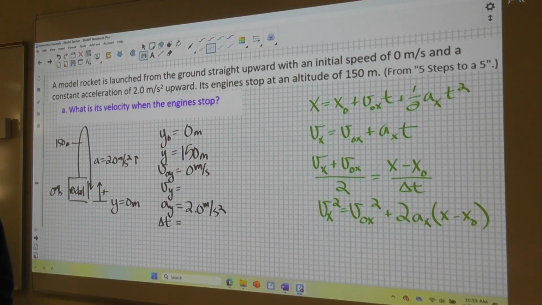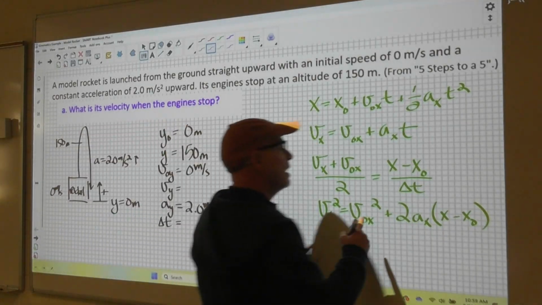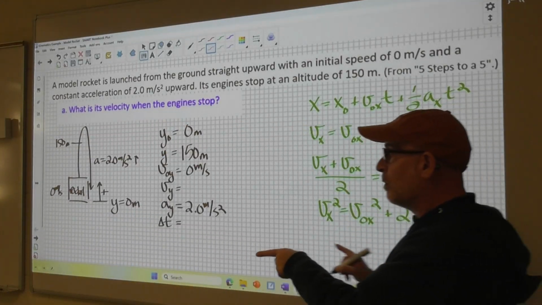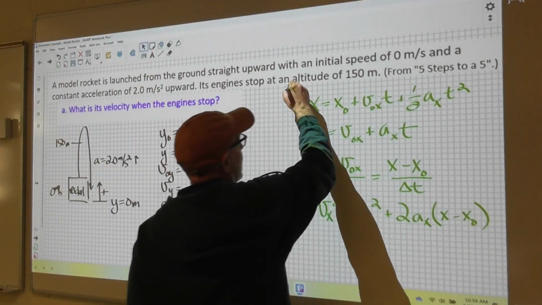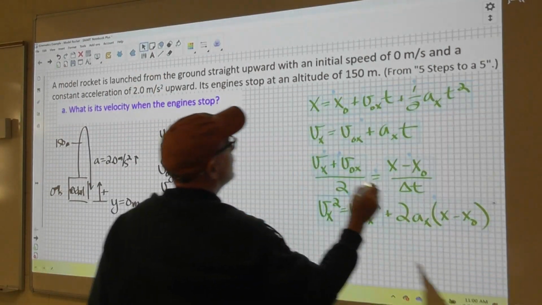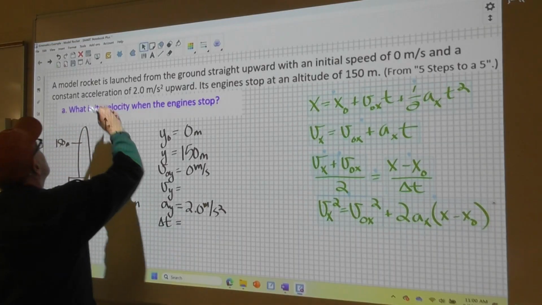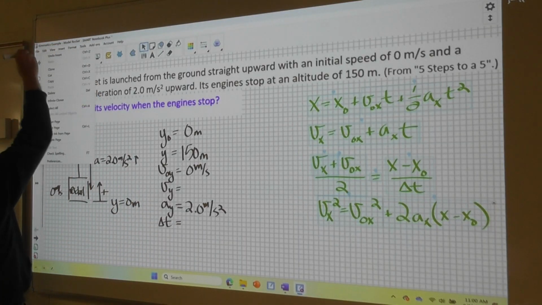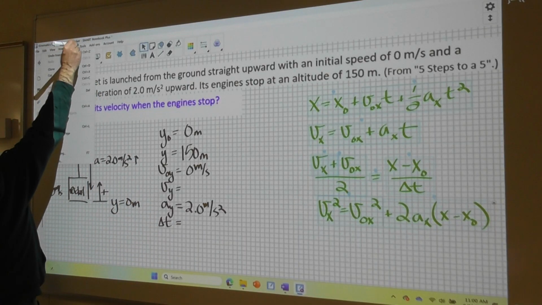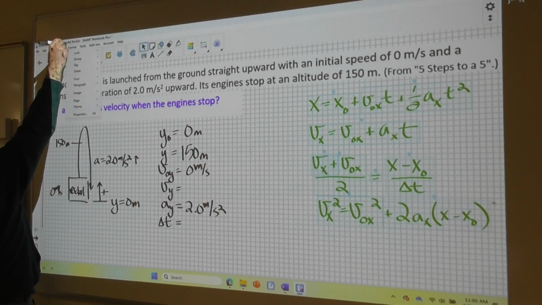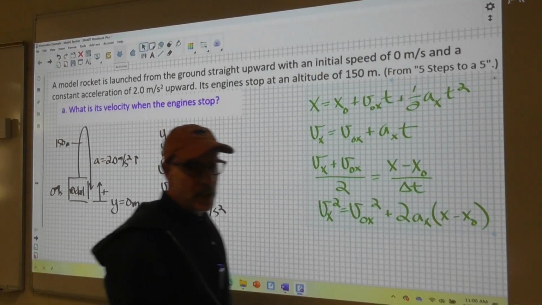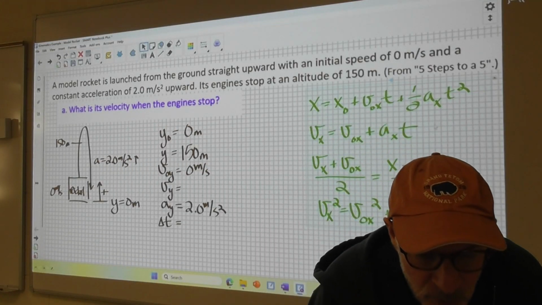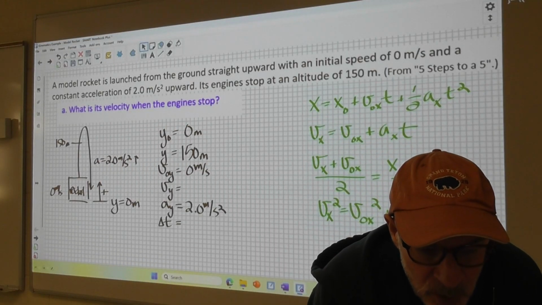Yeah. All right, so we're going to use this one, and the variable that I'm using over here is y, so I'm going to rewrite it. Hang on, there's a method to this madness. I want to make this small.